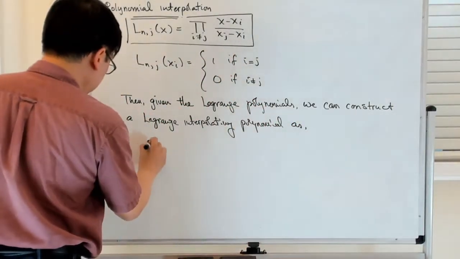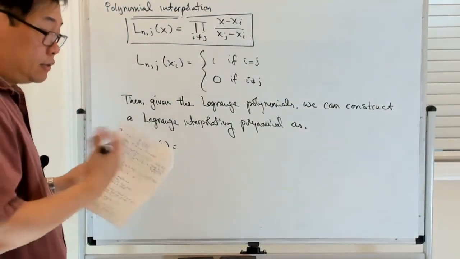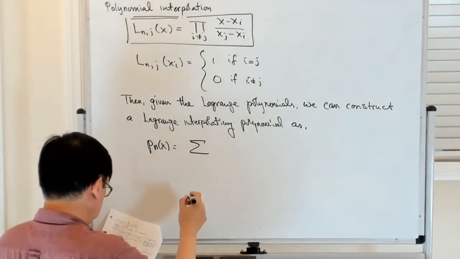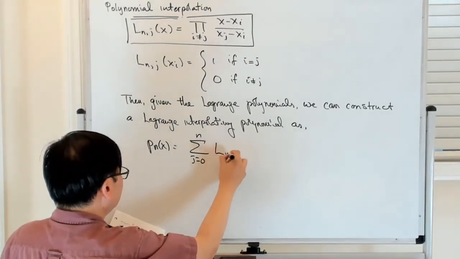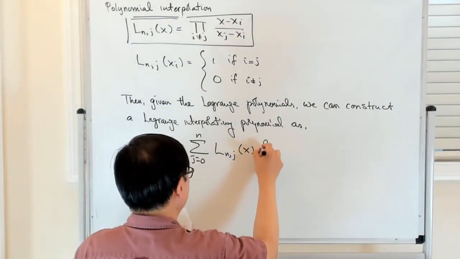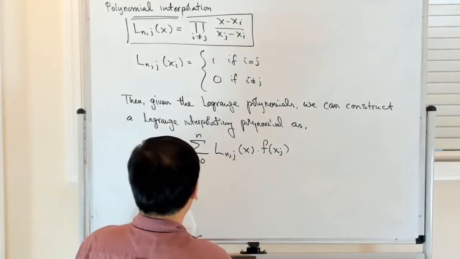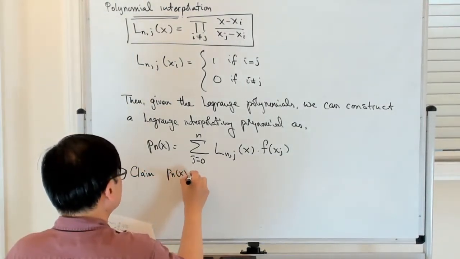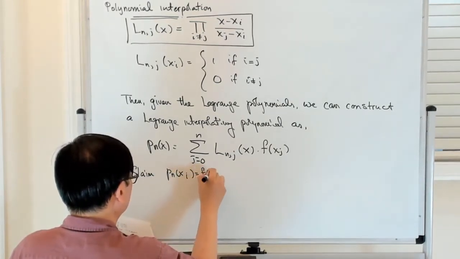So P_n(x): I want P_n(x) to agree with f at points x_0 to x_n. So P_n(x) is going to be the sum from j equals 0 to n of L_nj(x), which is a polynomial of degree n, times f evaluated at x_j. So this is just a number. The claim is that P_n(x_i) is equal to f(x_i).